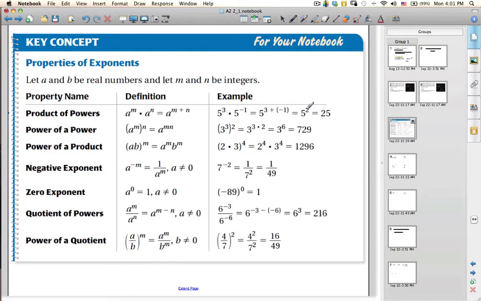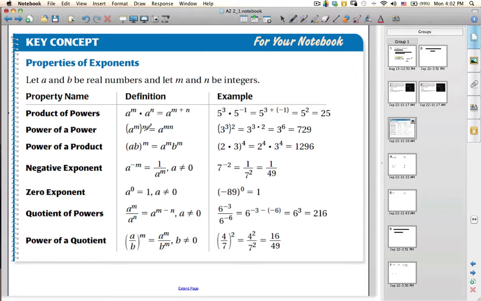So when we look at the properties of exponents, and we're going to visit these again later in the semester, the product of powers property says that if I multiply two items that have the same base and have exponents, then I can just add the exponents.